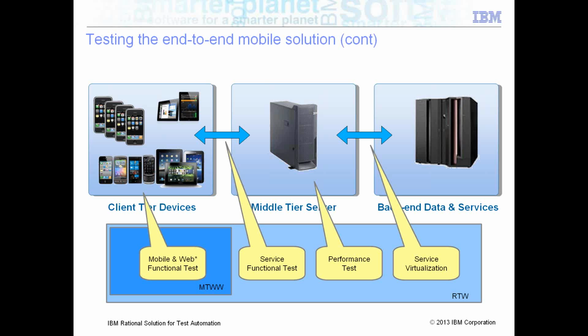You need to capture those requests so that you can run the request again and see if there is a problem. If any problem occurs, you need to pinpoint the exact problem. That means you need to have different kinds of tests. If you're typically testing the functionalities of an application, you might create a functional test using any of the testing tools available. The current mobile testing capability that we have is basically for the functional testing of mobile applications.